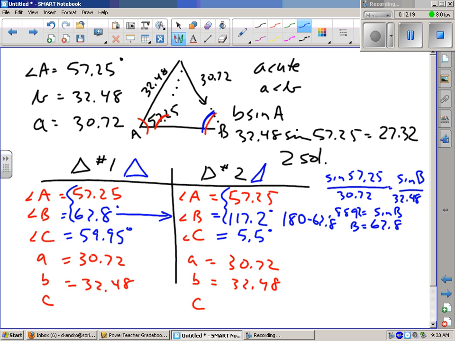So it was this angle C or this angle C, depending on which triangle. Now to get little c, all you have to do is law of sines to get both of them. So do it to both. I didn't figure those out ahead of time, but you should know how to do the law of sines at this point.